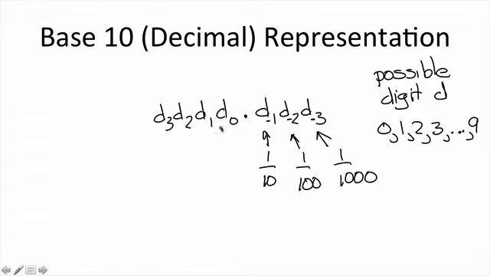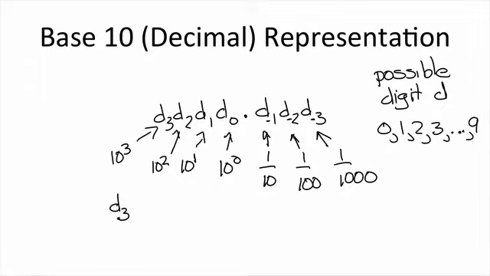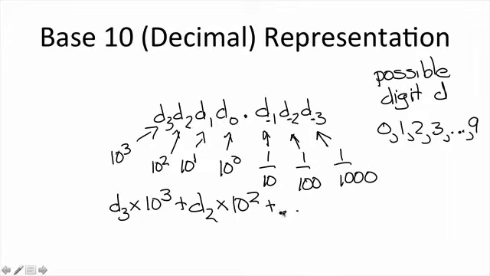So the reason why we label the digits with the subscript that we do is because it indicates the exponent of the power of 10 that we want to multiply that digit by. So you could think of this number as being like D3 times 10 to the 3 plus D2 times 10 to the 2 plus etc.